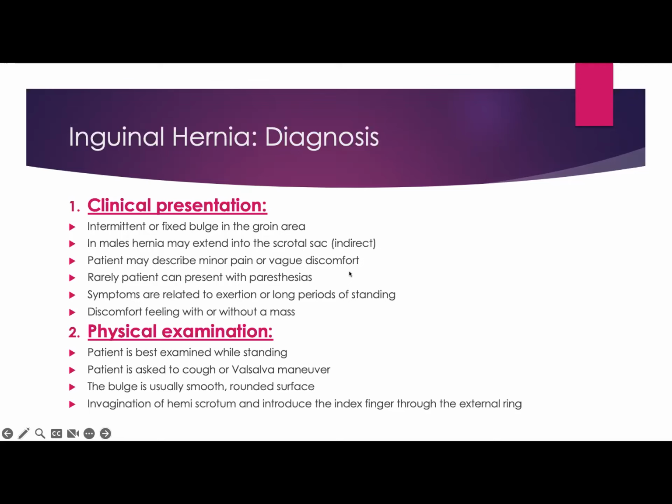The initial presentation would be vague abdominal or groin discomfort. And the bulging, always remember, is going to increase with intra-abdominal pressure. So once we examine the patient, we ask the patient to cough in order to see if it's bulging or not. This is to confirm that there is a hernia.